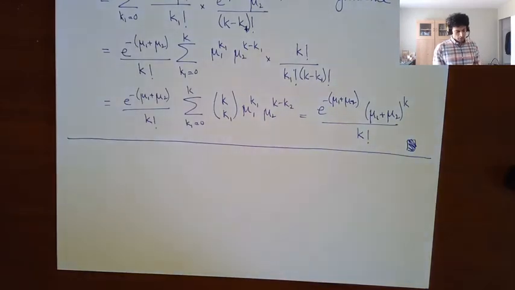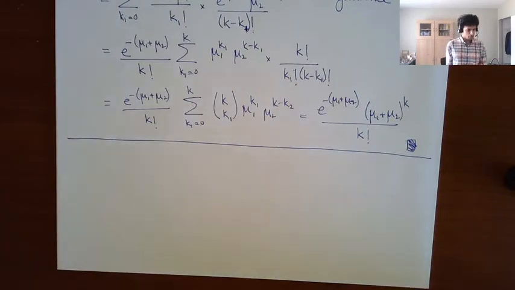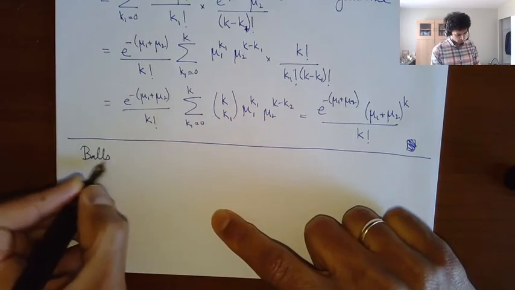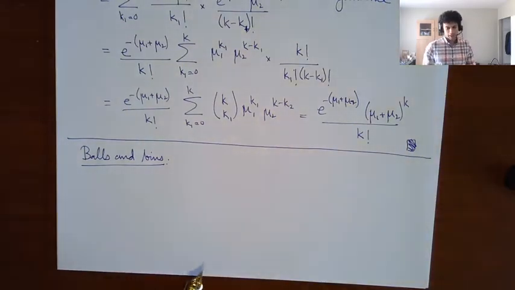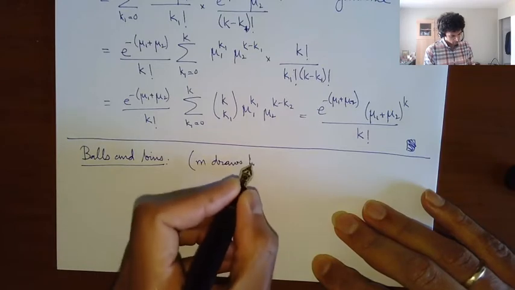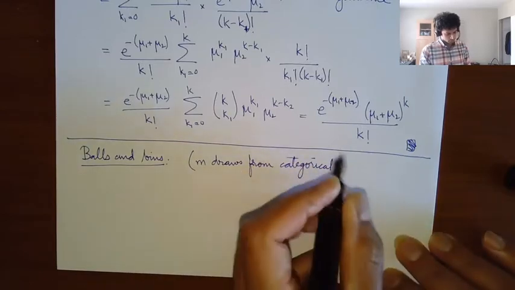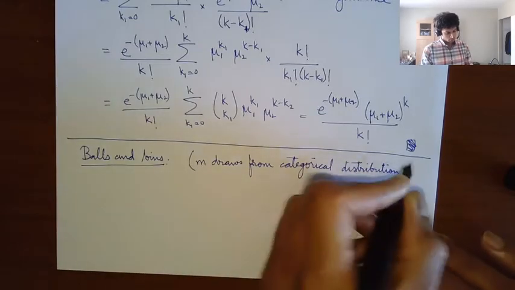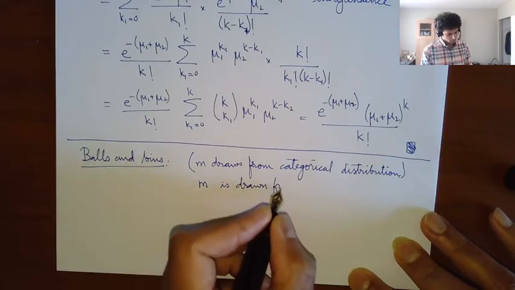But now let's go back to balls and bins. So with this detour into the behavior of Poissons, let's go back to balls and bins, which again we thought of as M draws from the categorical distribution, or M is basically drawn from a multinomial.